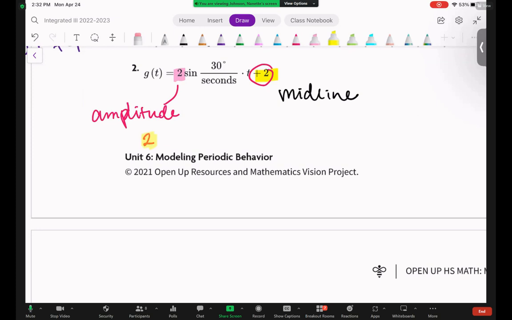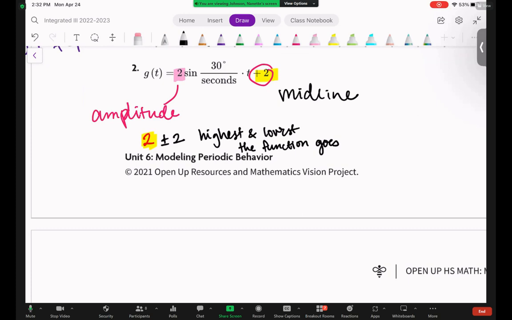This is my midline, and then I'm going to add 2 and subtract 2. That's the highest and the lowest it could go. So if you wanted to think about it, that's kind of where the range is.